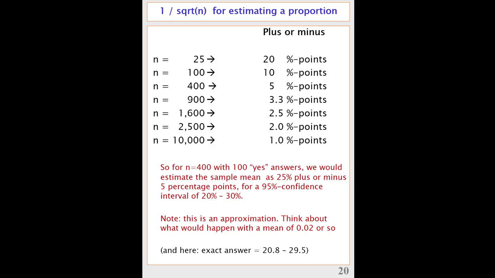And here you see a couple of other examples, just to give you a feeling for how good or bad it becomes. For n is 25, you're restricted to saying something like plus or minus 20 percentage points. If that's good enough, great. If you need something more precise, too bad, then you need a larger n. And you'll also see that if you want to be really close, that number goes up pretty fast.